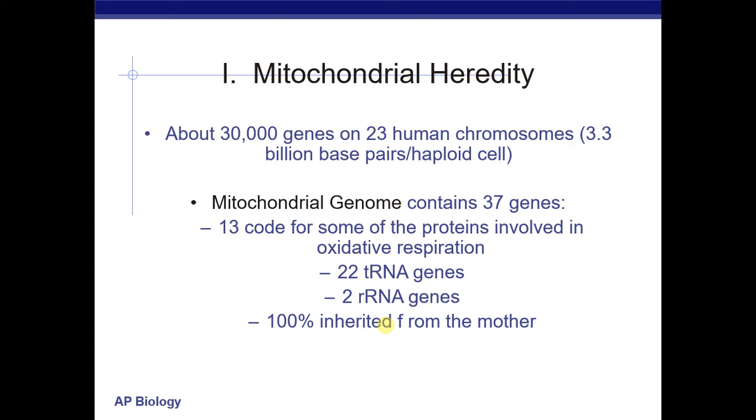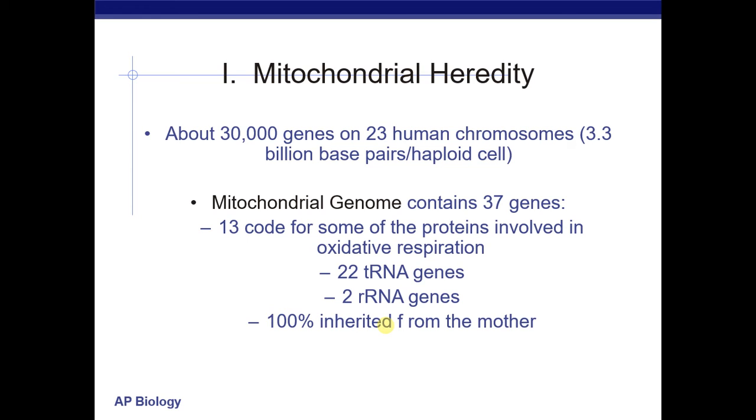But the interesting thing is that 100% of all mitochondrial DNA is inherited from the mother. So all of your DNA that is found in all of the mitochondria in your cells is the exact copy of the DNA from your mother. You have none of your father's mitochondrial DNA.